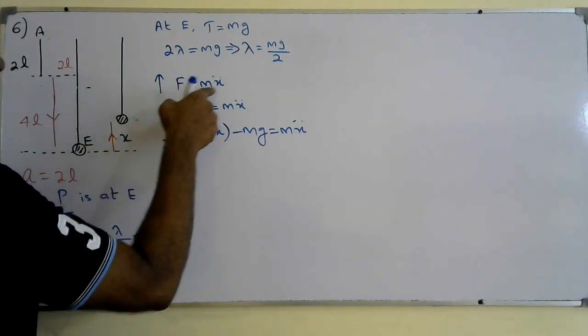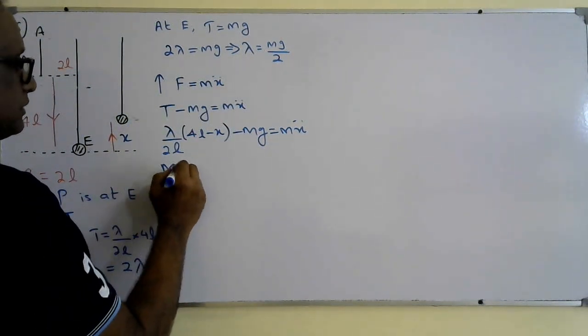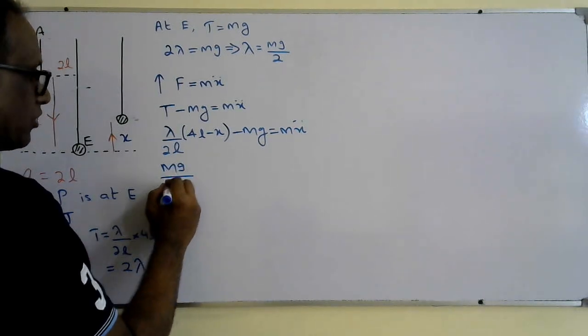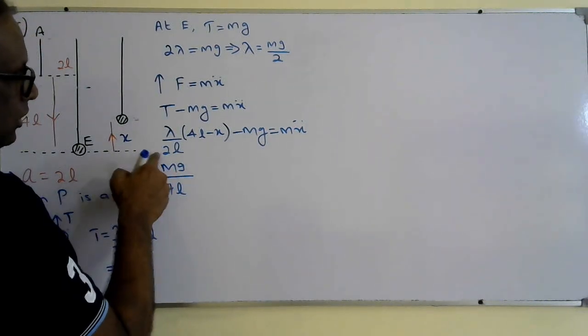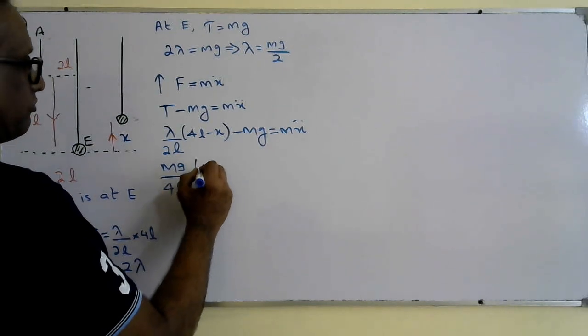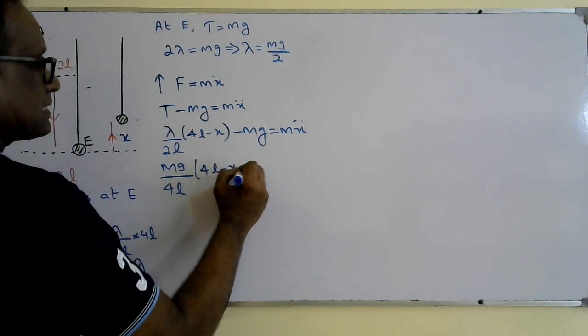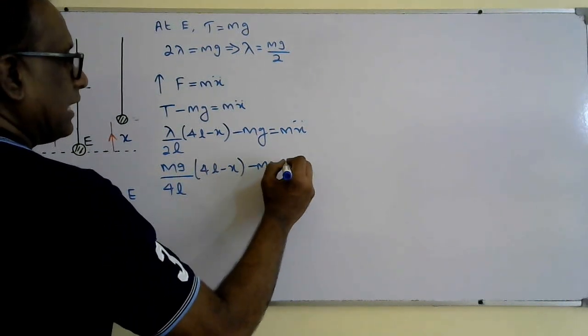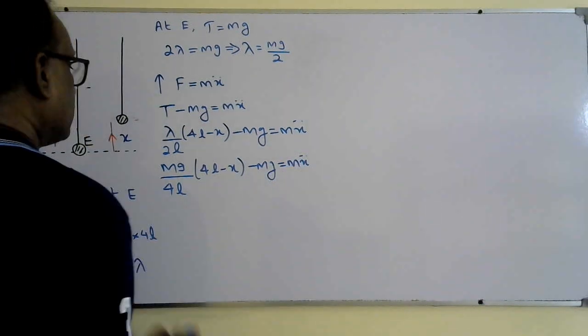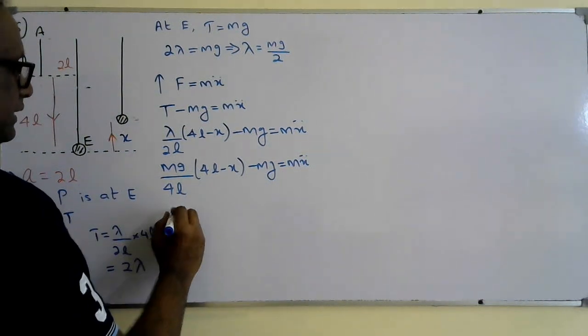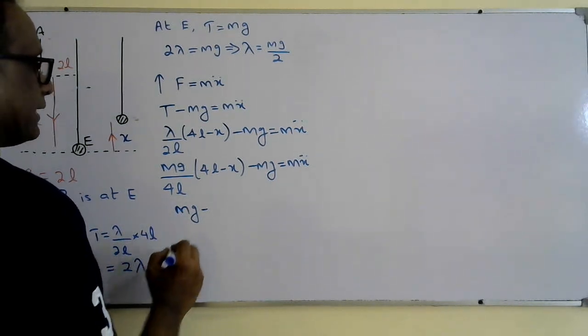Instead of lambda, I can put mg by 2. So mg by 2 over 2 into 2L, which is 4L, into (4L minus x), minus mg equals m x double dot. Multiply inside. So 4L and 4L will get cancelled.